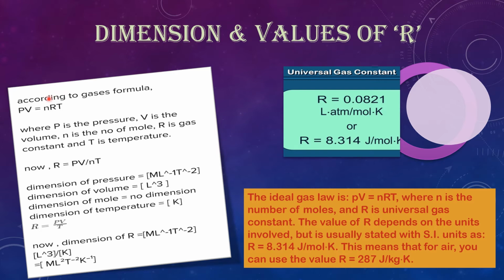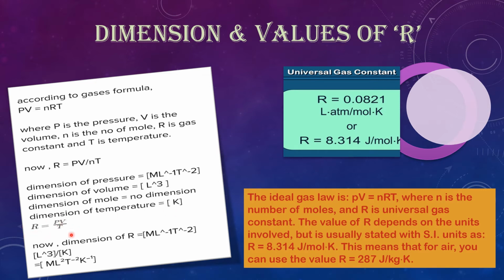From this equation we get R is equal to PV by nT. The dimension of pressure is M L to the power minus 1 T to the power minus 2, that means M by L T square. Next, the dimension of volume is L cube, L for length. The mole has no dimension, obviously. The dimension of temperature is Kelvin, K.